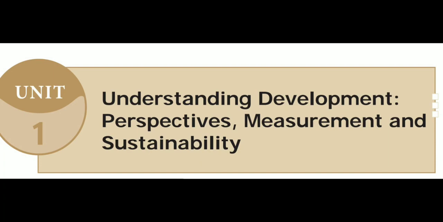Economy, society and the environment. According to these principles, they are also informally called profit, people and planet. Next, perspective. That means the way you see or perceive something.